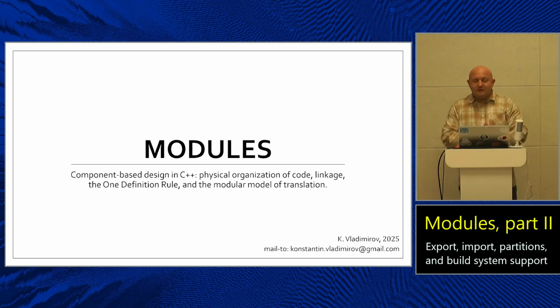We'll explore how modules actually behave inside the language, how controlled export works, how visibility and reachability fit together, and how build systems handle this new modular reality. By the end of this lecture, you should have a full understanding of how C++ modules connect all the semantic processes we've discussed and how they finally bring real structure and consistency to the physical organization of code.